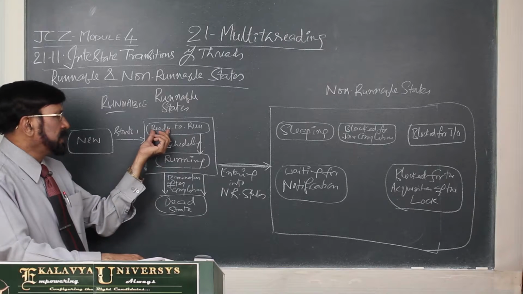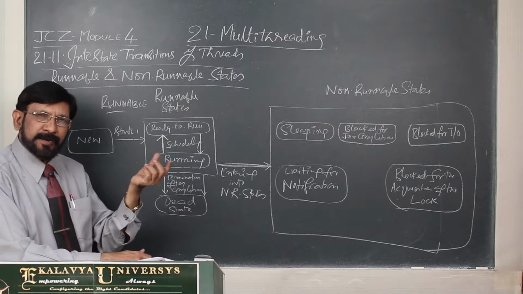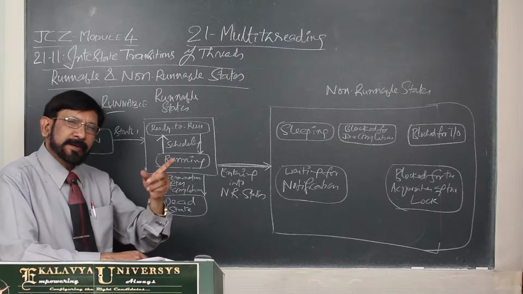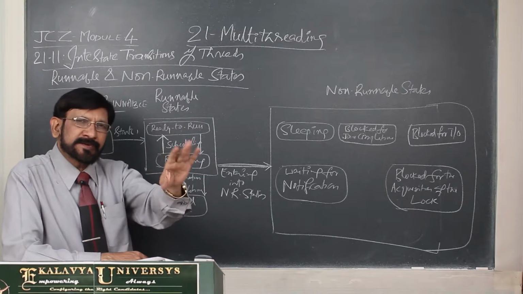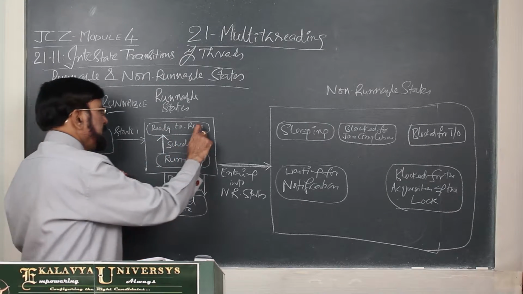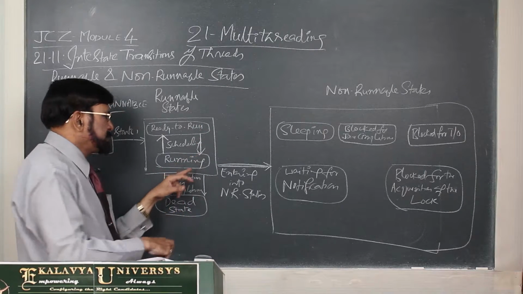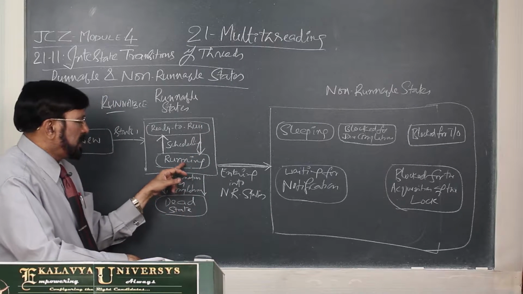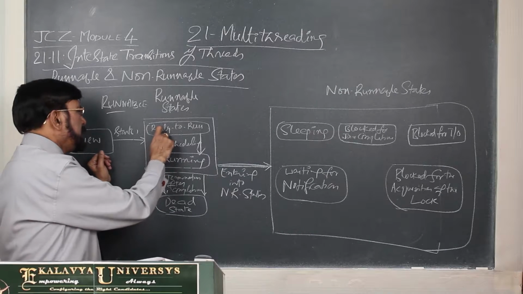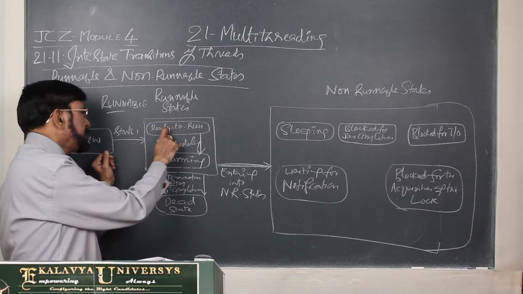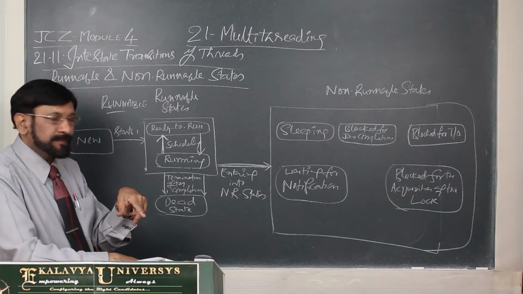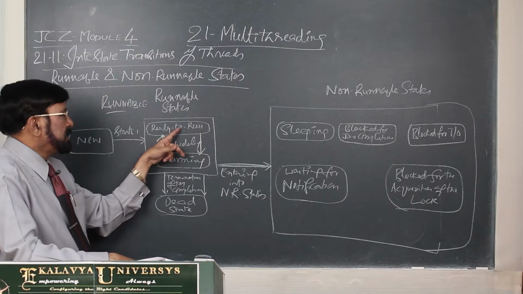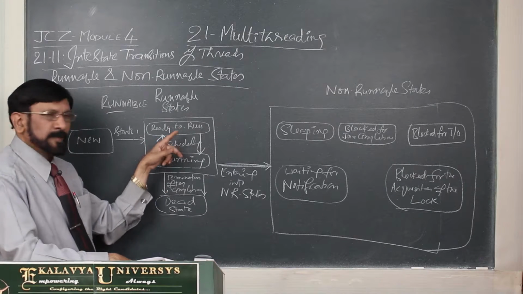Again, it goes to the ready to run state until a thread completes its entrusted task. So, this is the way. Whenever it is scheduled, it gets the processor time, it is running. Thereafter, the time is elapsed, and if the task is not completed, again it goes to the ready to run state.